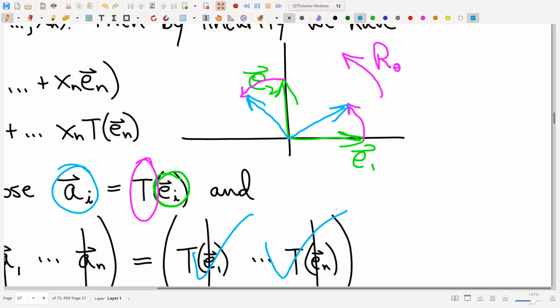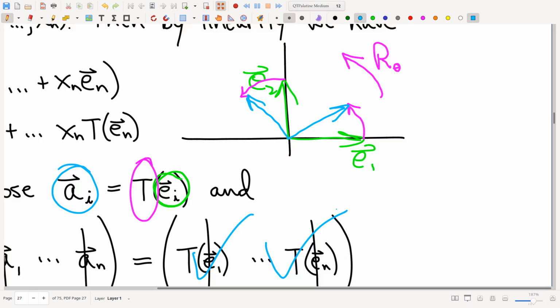Everybody see what I'm talking about there? And then likewise, whatever you get when you take your second standard basis vector and rotate it, that's going to give you your second column. Throw it all together, and there you go.